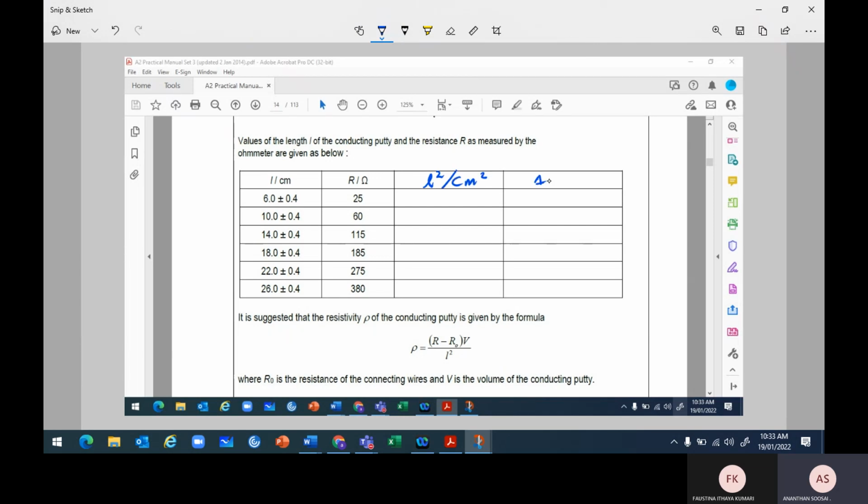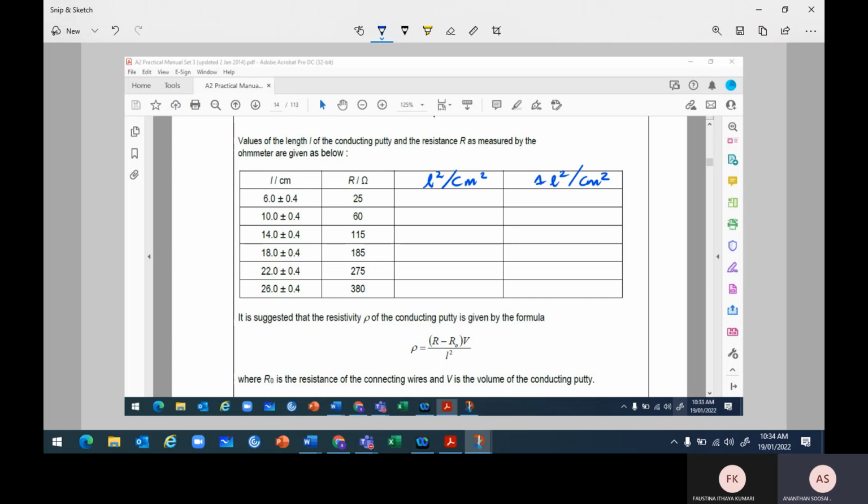The other one is changes of L squared, of course in centimeter squared. Because you have two columns, you're going to make one column empty. So yeah, L squared, centimeter squared; changes in L squared, centimeter squared.